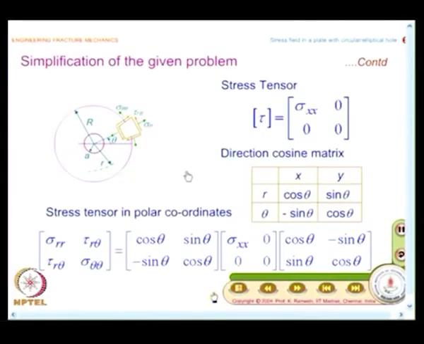But this method is far simpler, and my interest is to show how we use the principle of superposition to arrive at the solution. My focus is only on that, because to go to the level of superposition, I must look at the stress components on the boundary of the hole and then recast the problem.